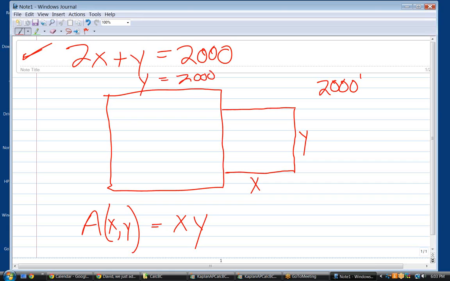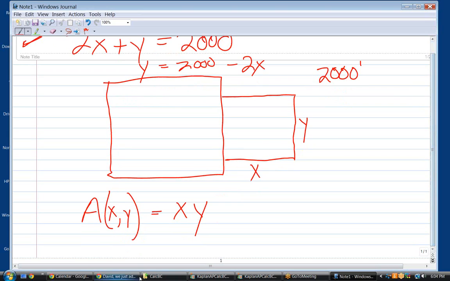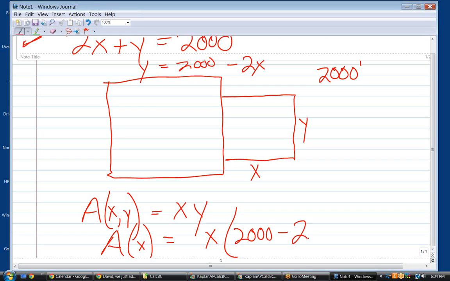That way we have y on one side. Now we can substitute that into the area function. So now we're going to have area strictly as a function of x, and it's going to be x times (2,000 minus 2x). So now we've accomplished our primary goal. We have our primary function, and it's a function of one variable only, and that's key.